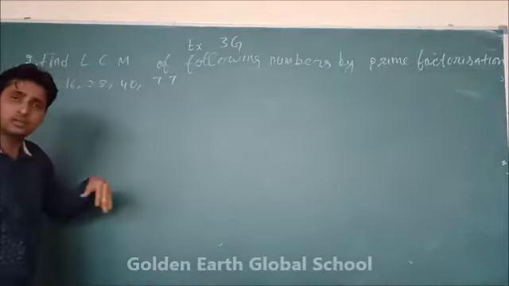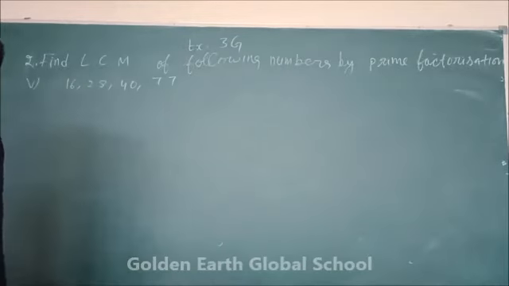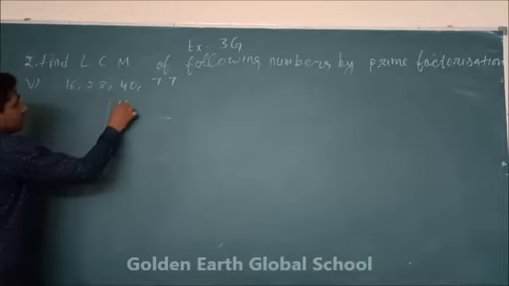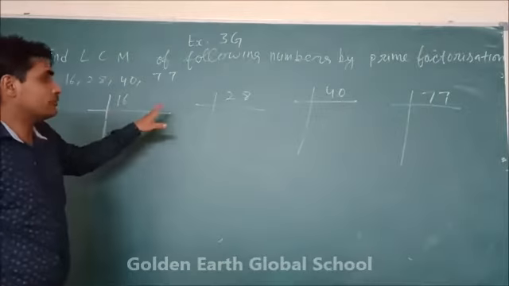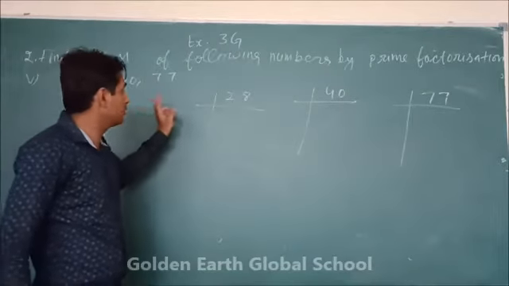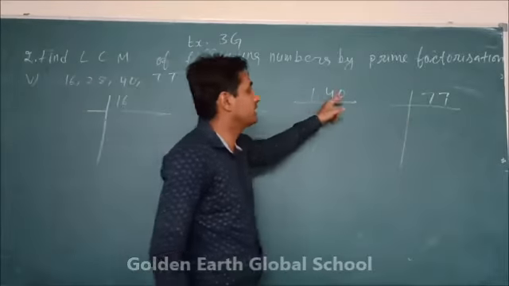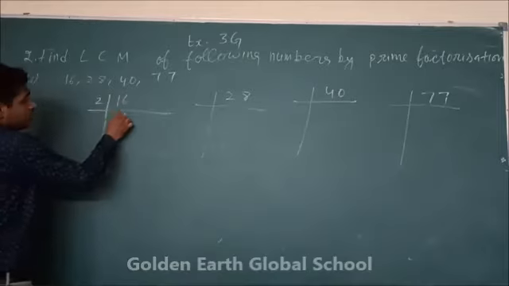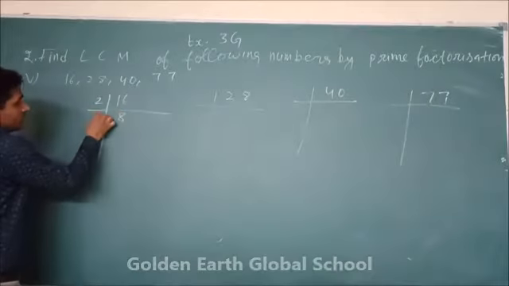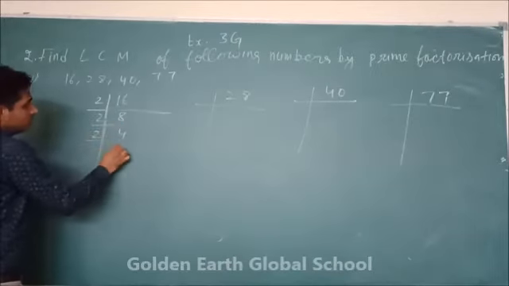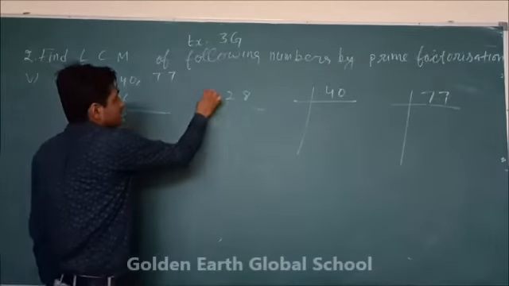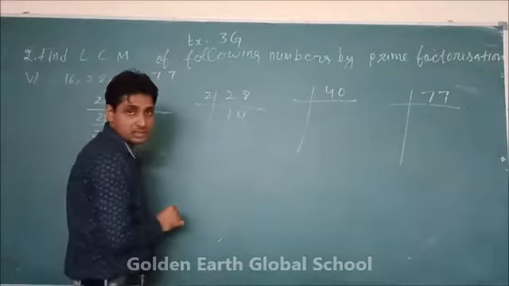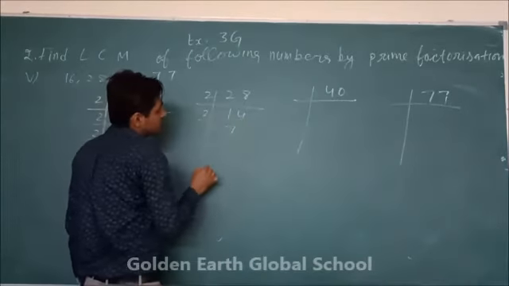Now find the LCM of 16, 28, 40 and 77. All other parts are the same. Firstly, find the prime factorization of 16, 28, 40 and 77. 16: 2 8s are 16, 2 4s are 8, 2 2s are 4. Then 28: 2 14s are 28, 2 7s are 14.